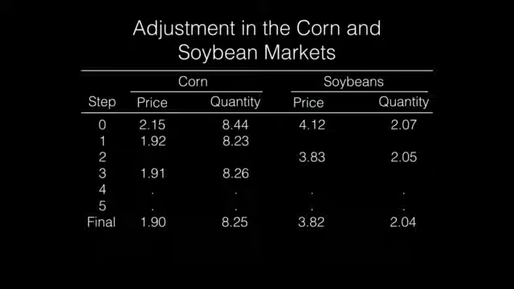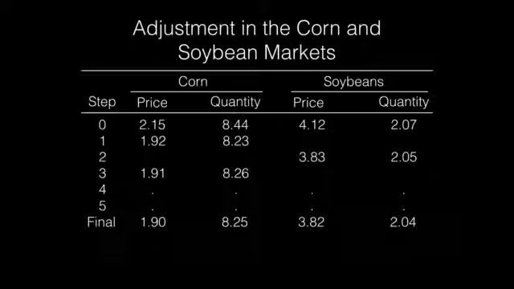And as you can take a look here, we have a summarization of the adjustments that occurred. So for example, initially the price of corn was equal to $2.15 per bushel. And after the change in demand, the price fell to $1.92. The reaction in the soybean market was for the price of soybeans to fall from $4.12 to $3.83.